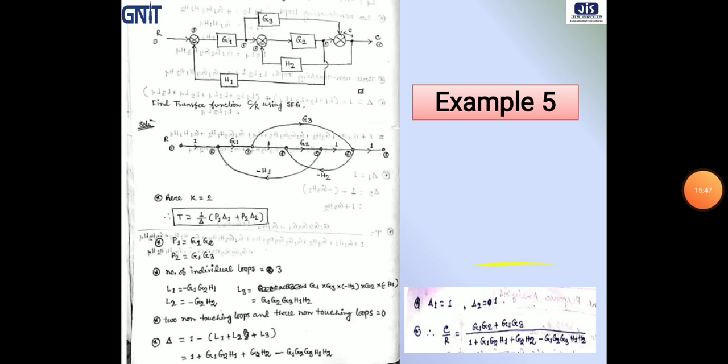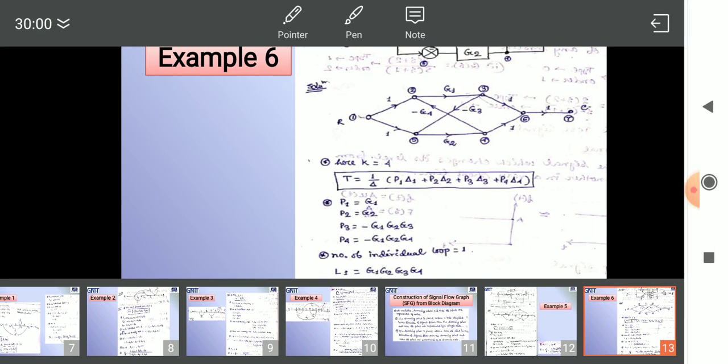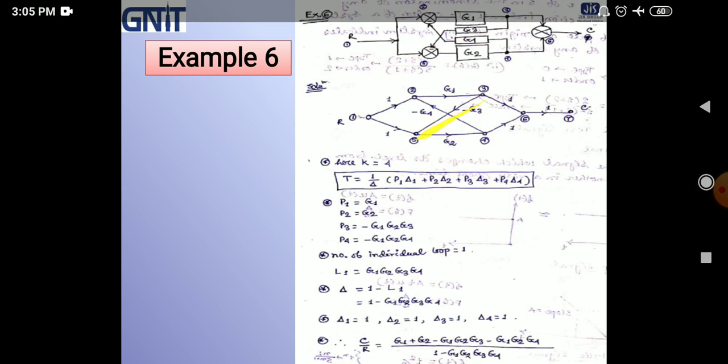Okay, so there is another example here. This is our block diagram, and from this block diagram all input signal, output signal, summing points, takeoff points are represented as nodes, and just connect all the nodes like this.